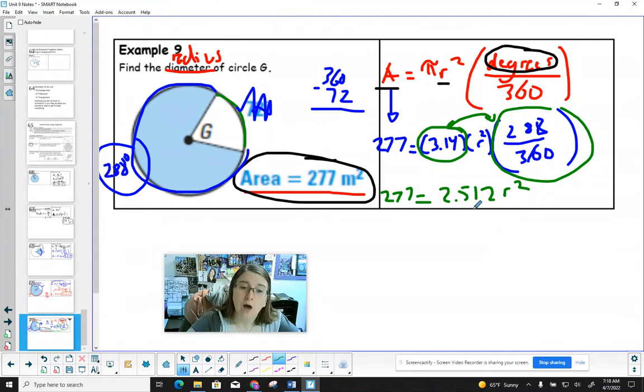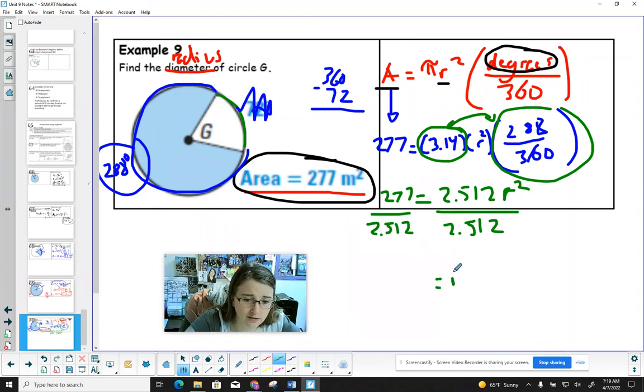R squared. I want you to take a second from here and see if you remember how to finish solving this. Again, I know it's 2.512, but that doesn't matter. If it were just 2R squared, you would solve it the same way. So go ahead and try to finish solving this. Okay, you should be dividing by 2.512. Yes, we do have a square that we need to get rid of eventually.